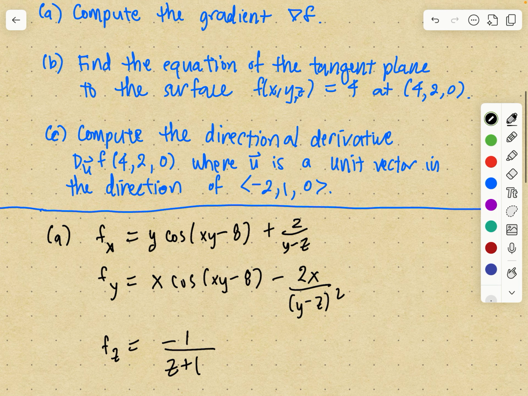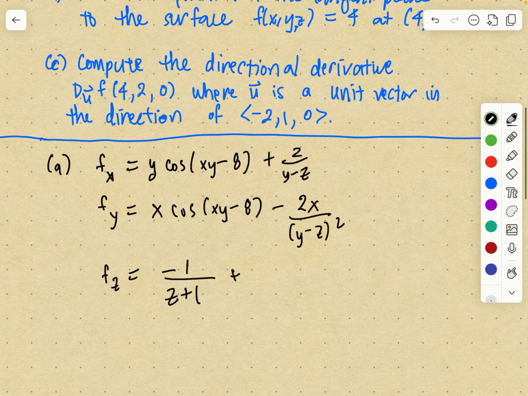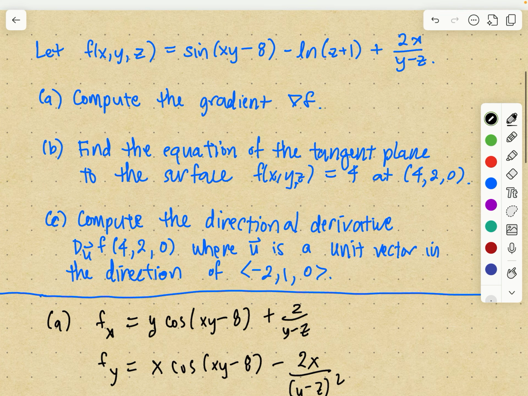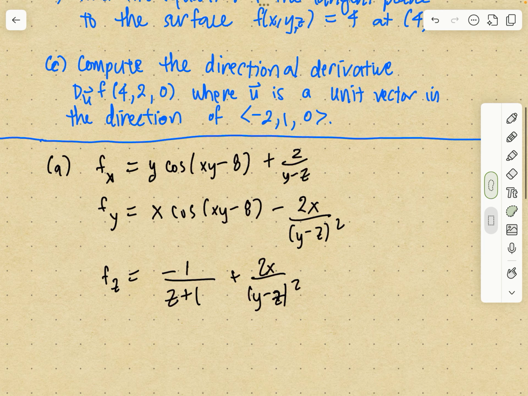And then when I do that, I'm going to get a plus 2x over (y minus z) squared. And the reason I have a plus instead of a minus is because I have this minus sign in front of the z. So when I do the chain rule, I have to multiply by negative 1. And then the negative 1 is going to cancel with the negative here, right? So then I'm going to get plus.